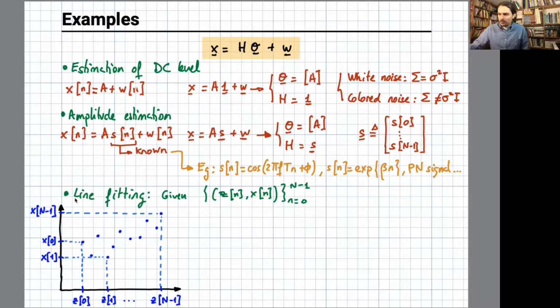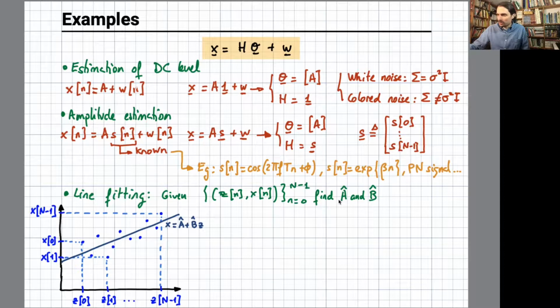Another example is line fitting. Suppose that we are given a set of points, pairs of values of the variables, in this case z and x, and we would like to find a line so that these points lie close to it.